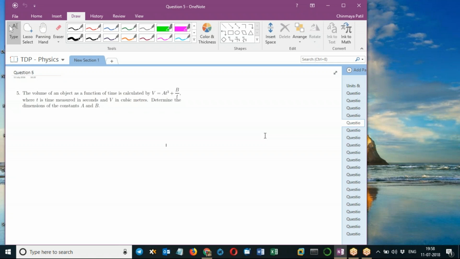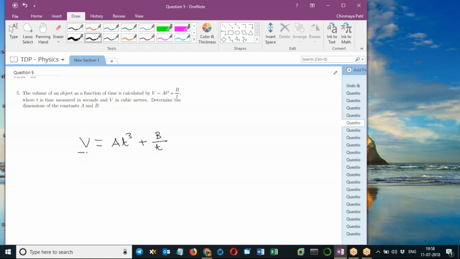As we know, the dimensions of both the left hand side and right hand side have to be equal. Let me write the equation: V = a t³ + b/t.